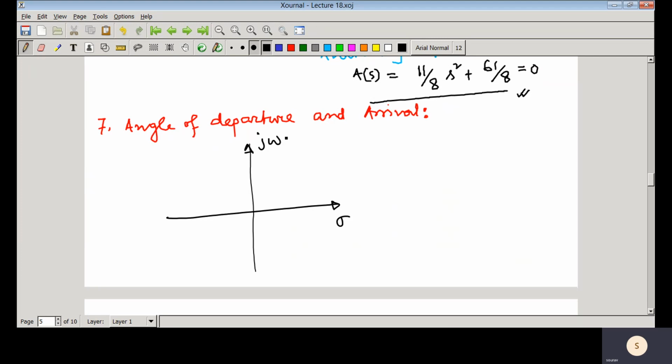What is that? So suppose you have one pole here and one pole here. They are complex conjugate. So we know that when k equals 0, the root locus starts from that open loop pole.